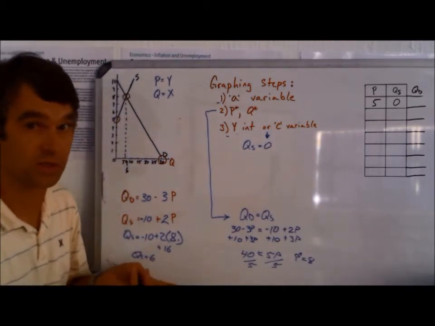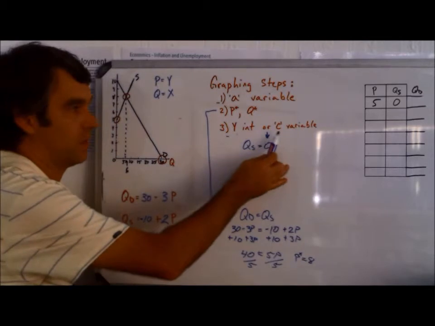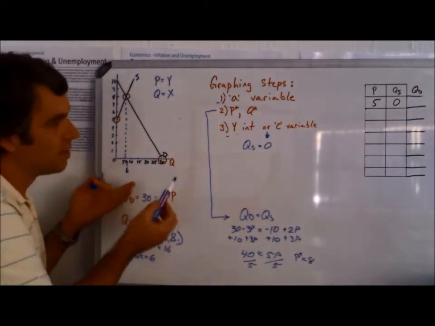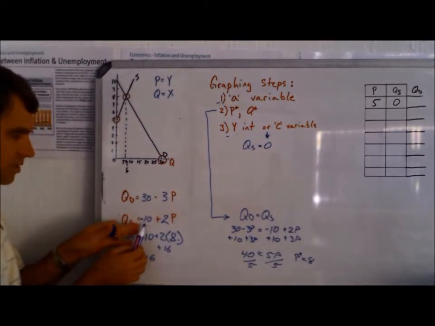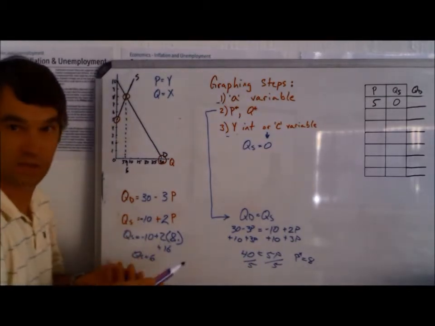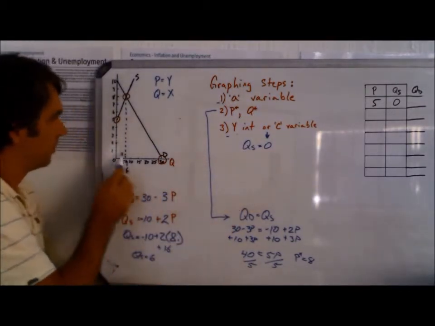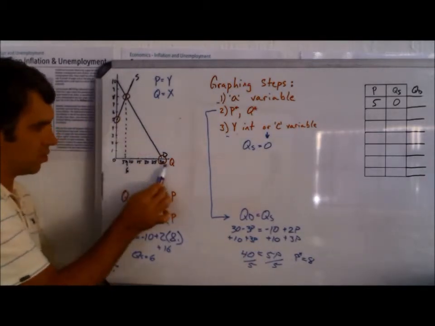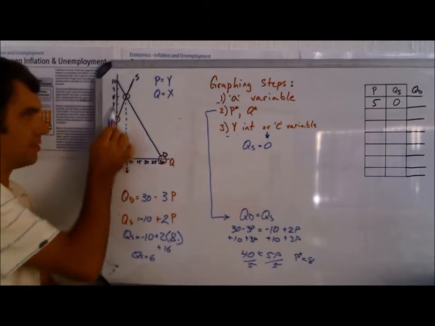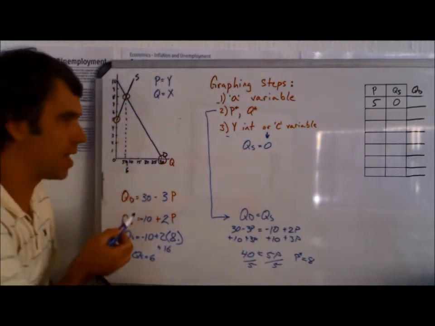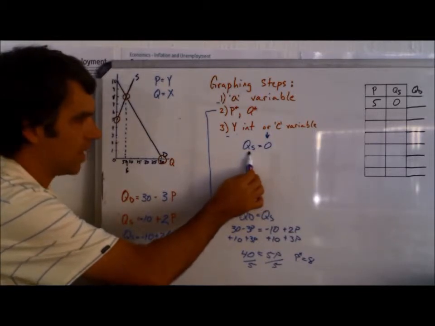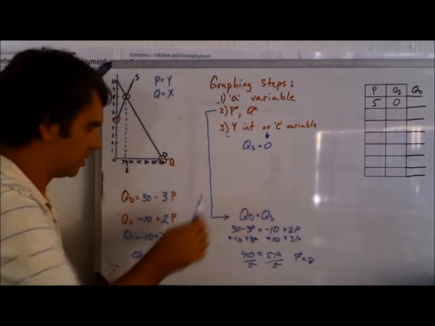That's obviously the hardest one to do. Third, again, if we have a positive or a 0, we can just put it on the q-axis, but we don't here. We have a negative c variable, so we need to solve for it. Remember, at the y-intercept, quantity is 0 and price is something positive, but we don't know what yet. So we can just put QS equal to 0 into our formula.